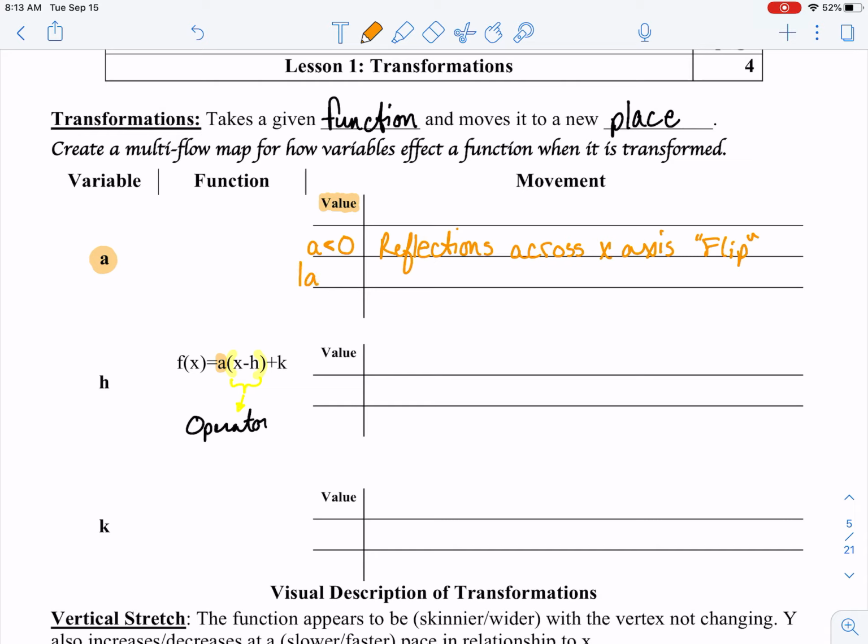If the absolute value of A is greater than 1, you have vertical stretches. And if the absolute value of A is less than 1, you have vertical compressions. This will be the hardest of the transformations in my opinion. I remember stretches as getting skinny and compressions becoming wide or flat.